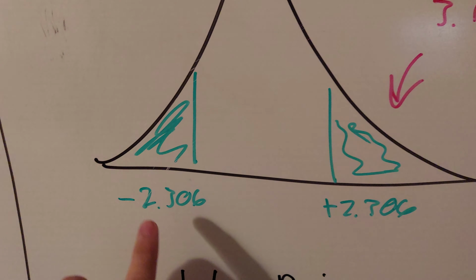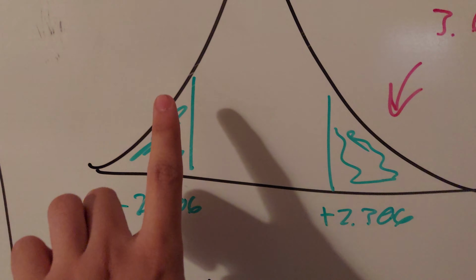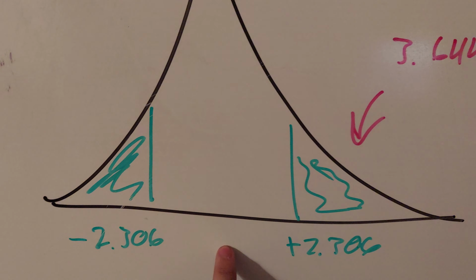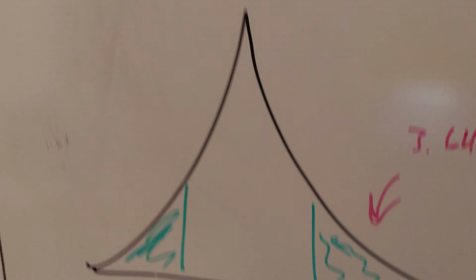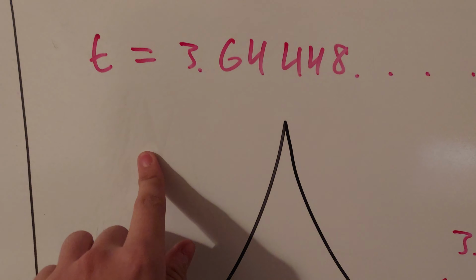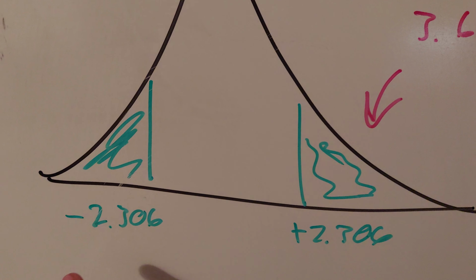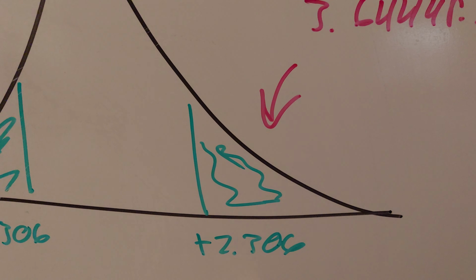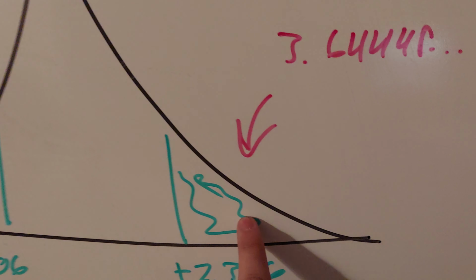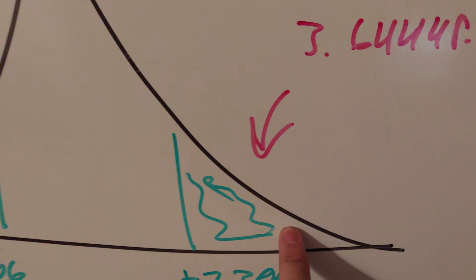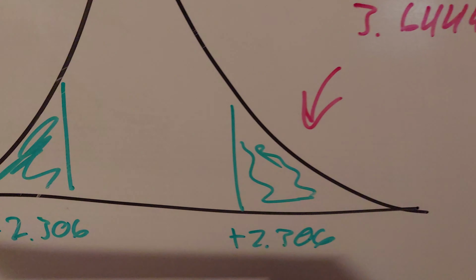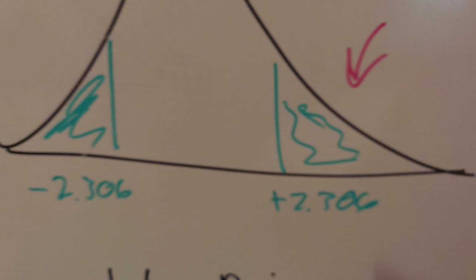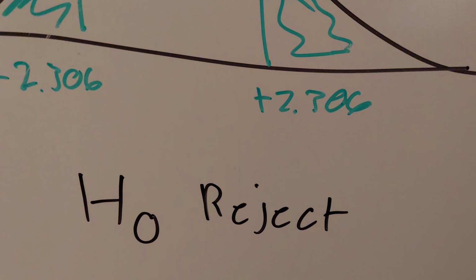In this case, I think negative 2.306 is right here, and positive 2.306 is right here. Now, where is the test statistic going to be? Well, it's not going to be over here in the negative. It's going to be over here in the positive. It's going to be more than 2.306, so it's actually going to be inside of the shaded region. A little reminder, if your test statistic is inside the shaded region, that means we are rejecting H0.